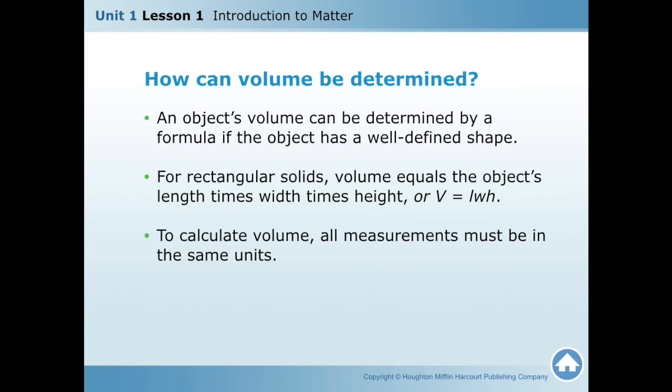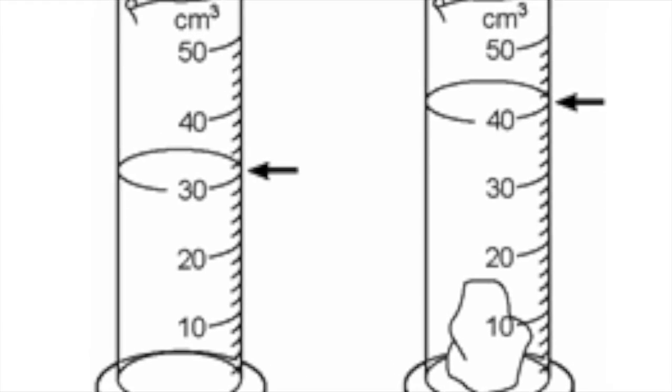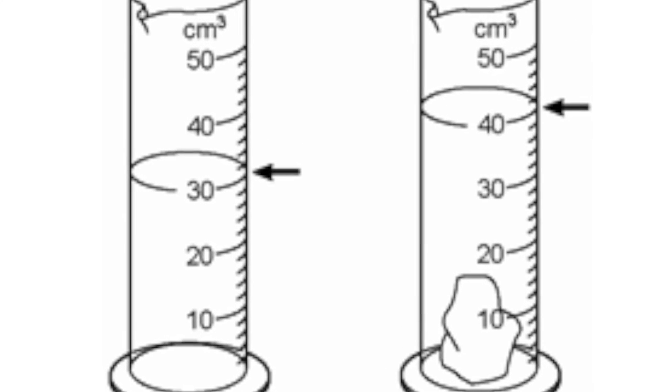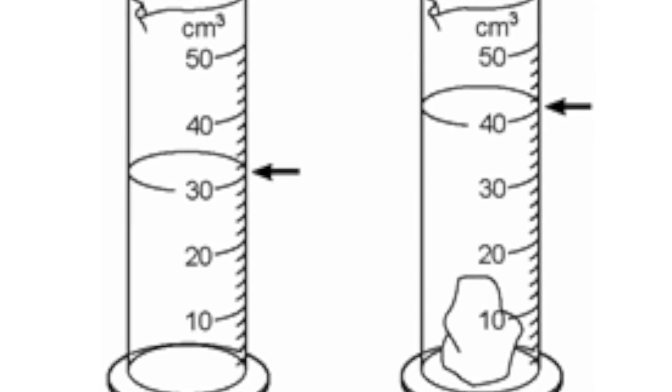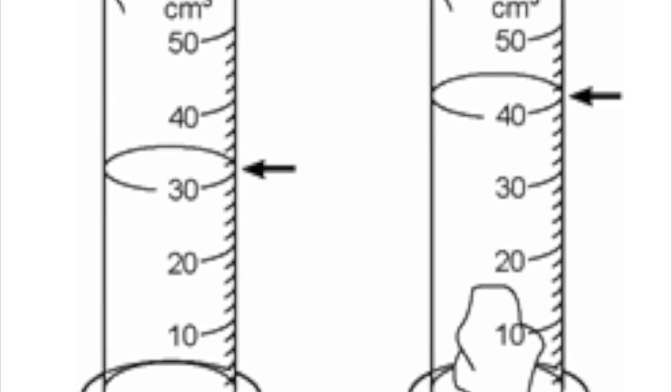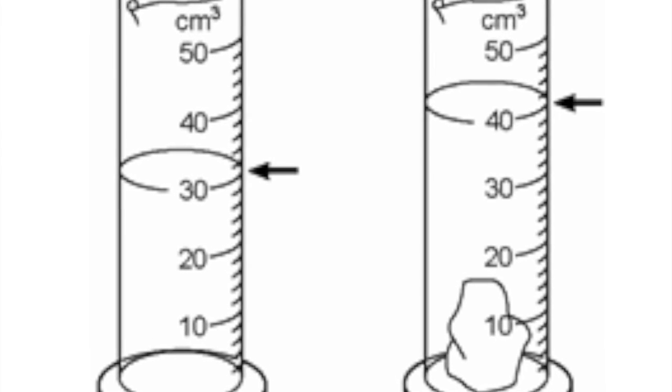To determine the volume of an irregularly shaped solid object, what we usually do is determine the volume by displacing water. We place the solid object in a container filled with water, and we observe the displacement, the pushing of the water done by the object.